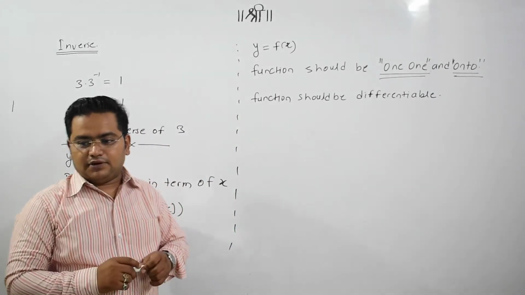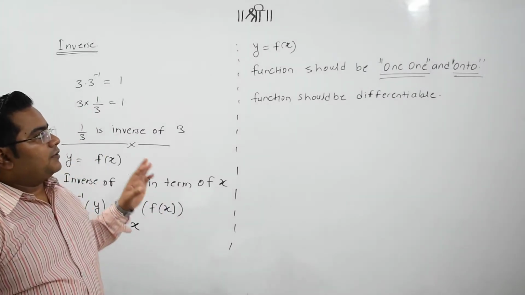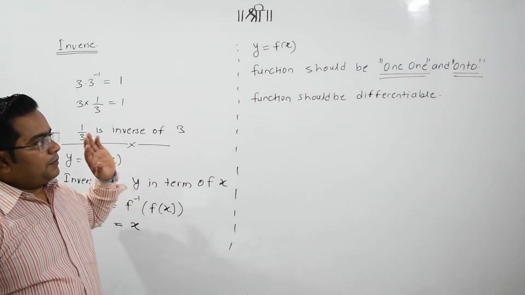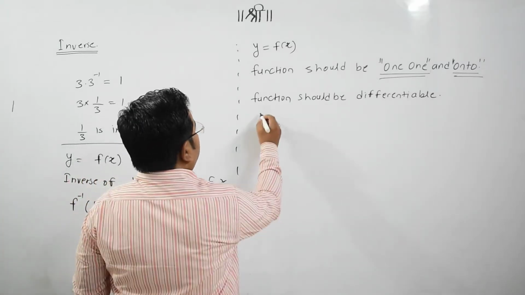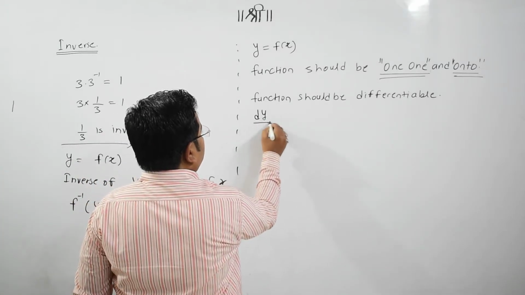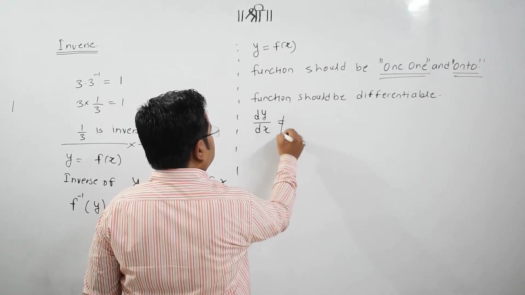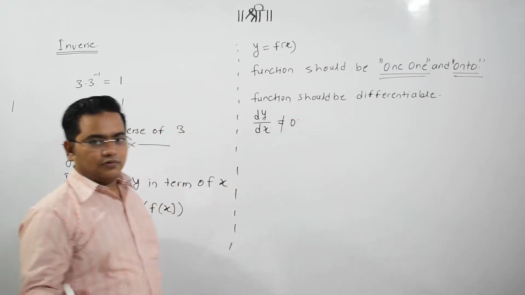I am writing it very precisely. If you look at it properly, this is the proper parameter. These two parameters are there, and most importantly, dy upon dx should not equal 0.